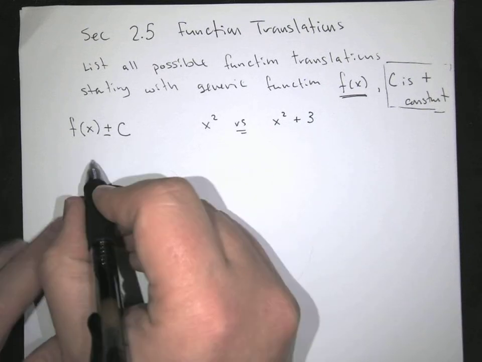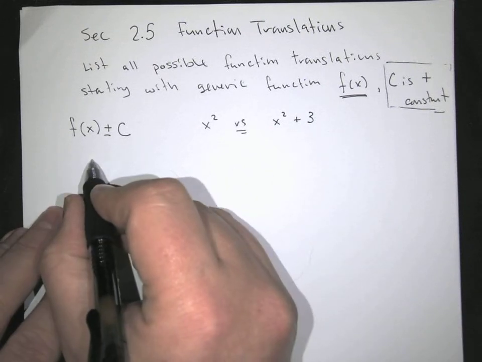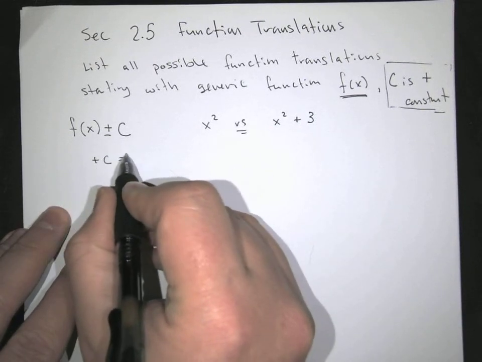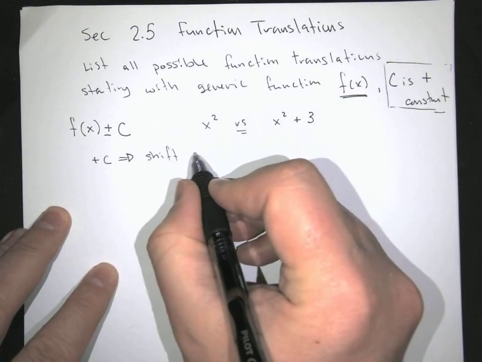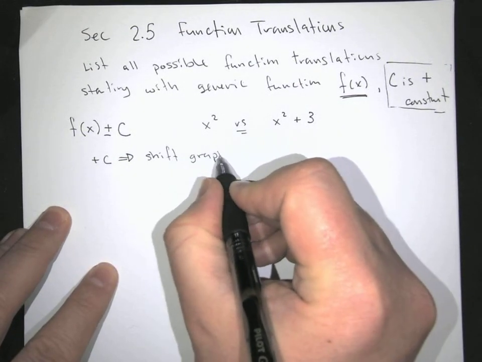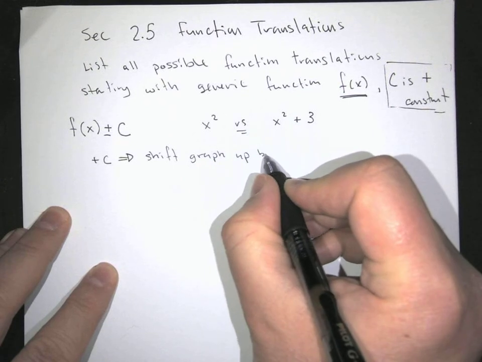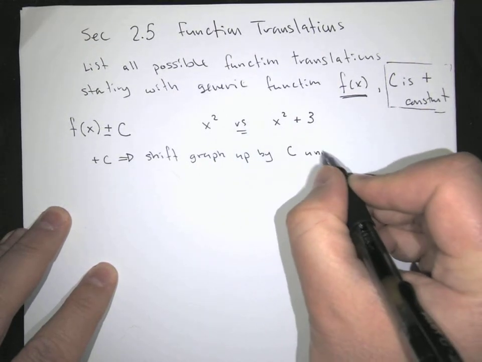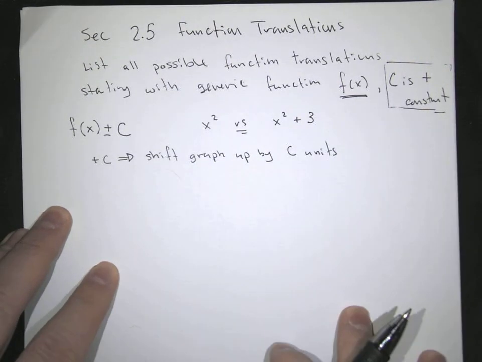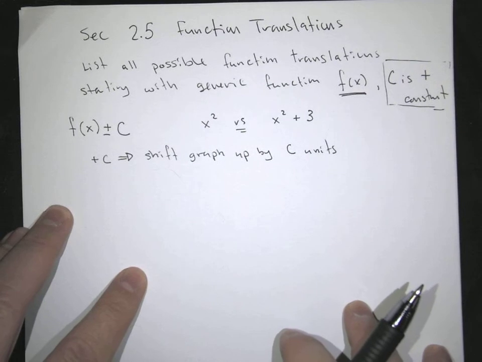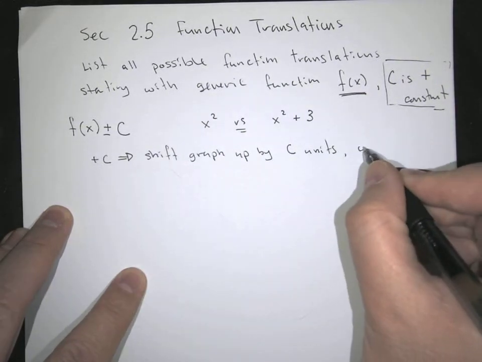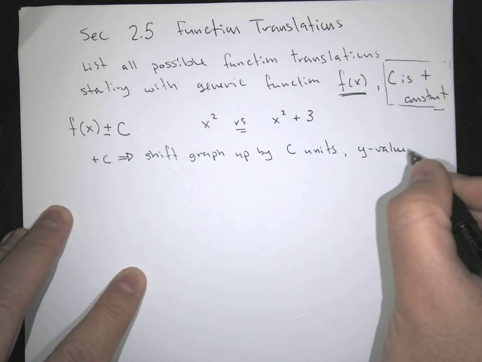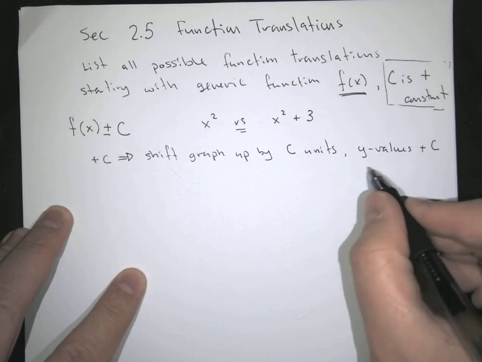So what we're going to get in this case is two cases. If we do plus c, it's going to shift the graph up by c units. Or if we think of this in terms of the x, y coordinates, this is going to be y values plus c.